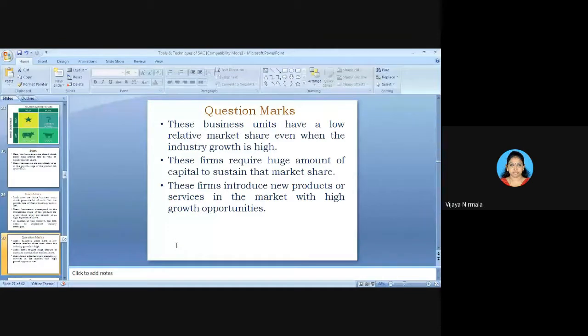The best example I will tell for question marks is holiday resorts. Do you know holiday resorts? When you are free, you stay in some resort for two or three days for mind refreshment, right?